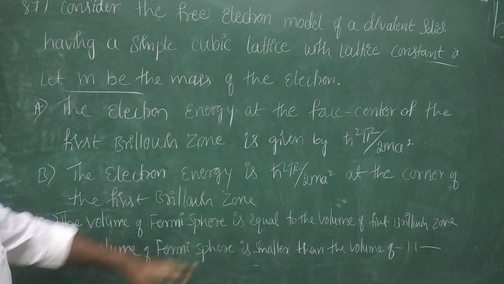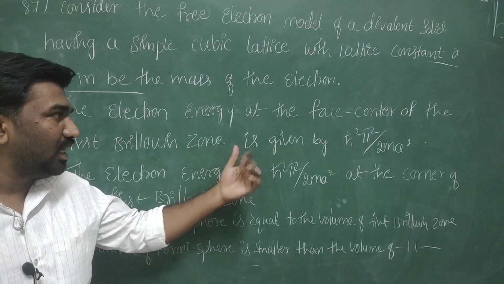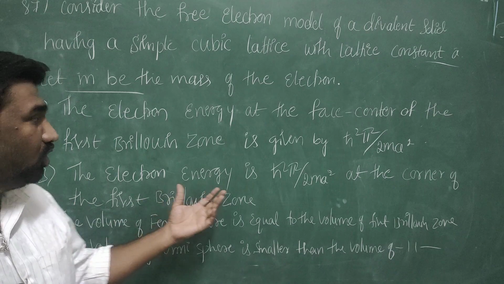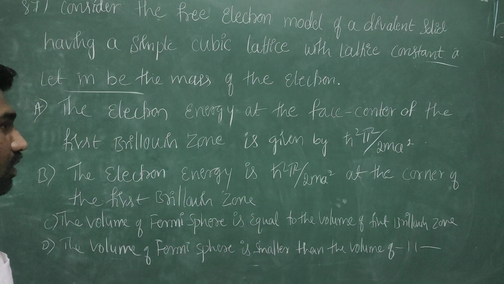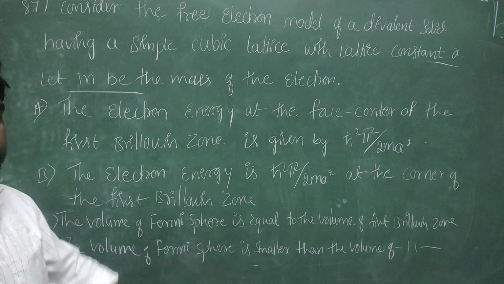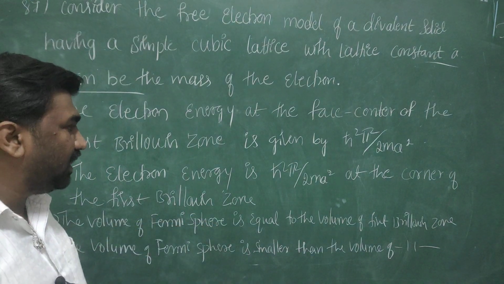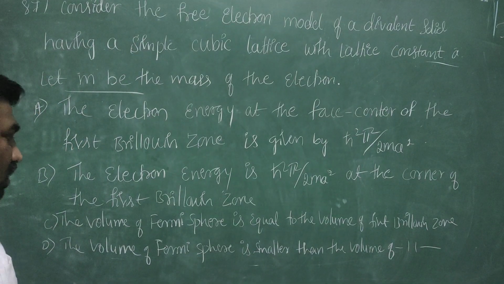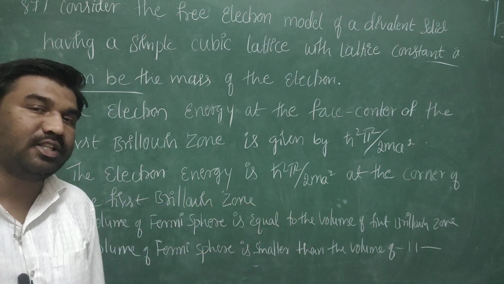The electron energy at the face center of the first Brillouin zone is given by something, and the electron energy is h cross square pi square by 2ma square at the center or the corner of the first Brillouin zone. Next, the volume of the Fermi sphere is equal to the volume of the first Brillouin zone, and the volume of a Fermi sphere is smaller than the volume of the first Brillouin zone.